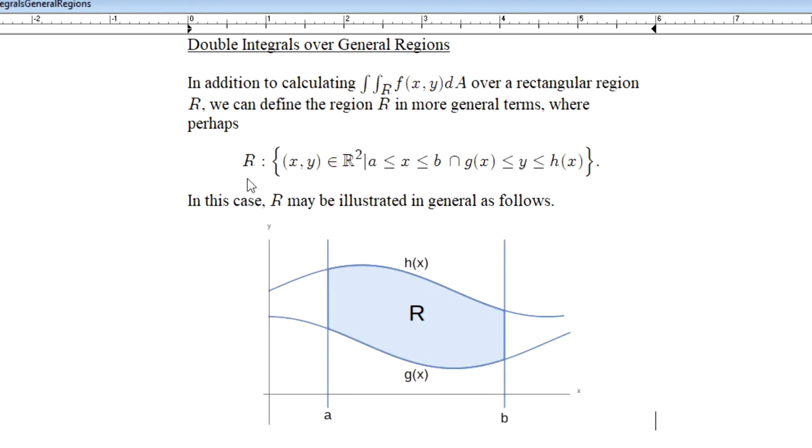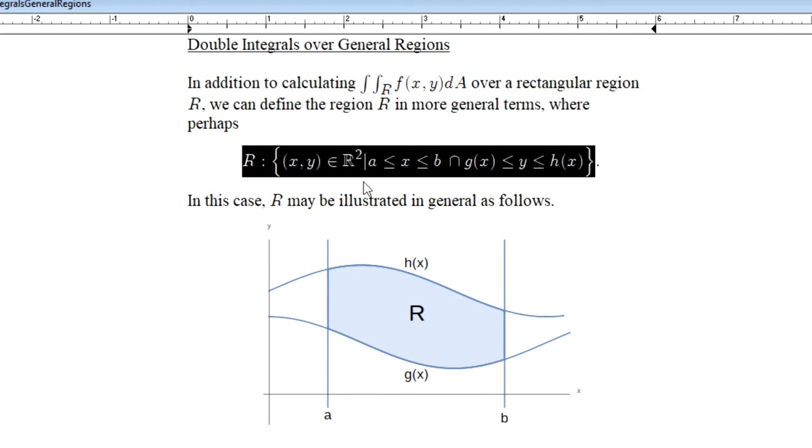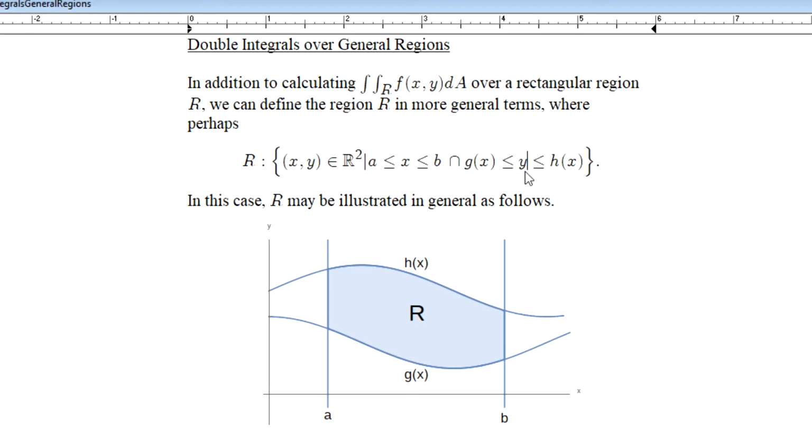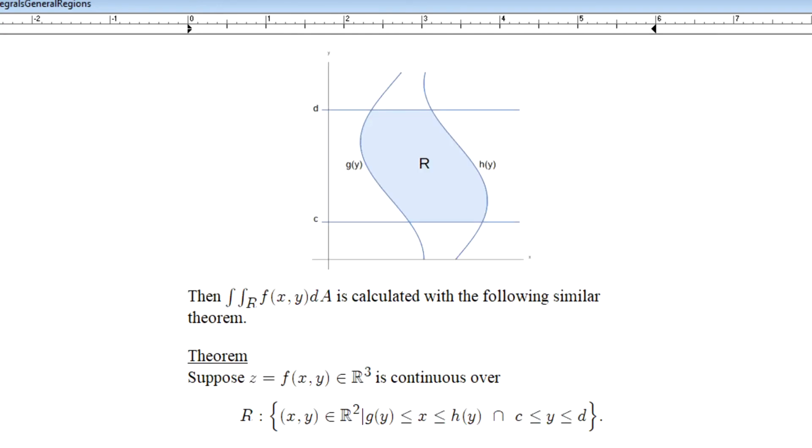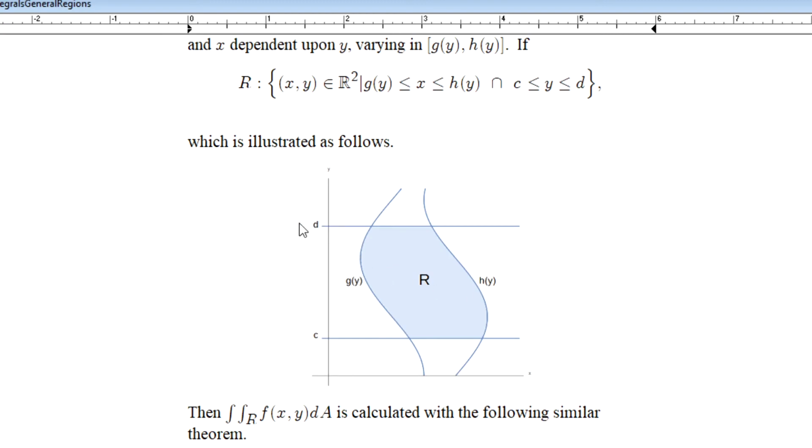You can either consider defining a general region R as we have illustrated initially, with x as the independent variable and y dependent upon x, or we could consider a scenario where y is the independent variable and x depends upon y. In this particular case, y would vary between constant bounds of c and d, and it would be x that would vary between functions of y.